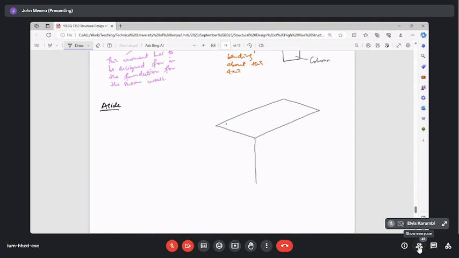We got the building. I did mention yesterday that I will require that we will do the analysis for lateral loads by two approaches. One approach is we will have a file where we will load manually the lateral forces.